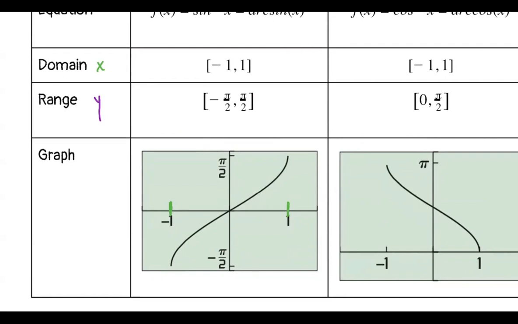There's no arrows on this graph, by the way. I'm not just showing you a small piece of it that keeps going forever and ever. Okay. This is it. That's the graph. It's just, whoop, that's it. Okay. The range in this case is -π/2 to π/2.